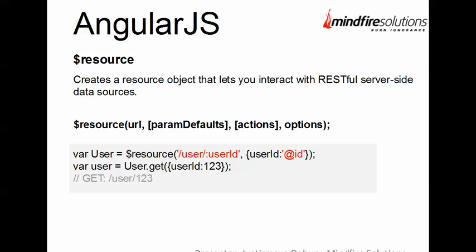So just the syntax: user, resource, the web URL, and some default parameters. Here you can see there is a colon userId, and the default parameter is userId: @id. Now @id means whatever user object we try to post, it will check for the id property of that object and pass it here in the URL.